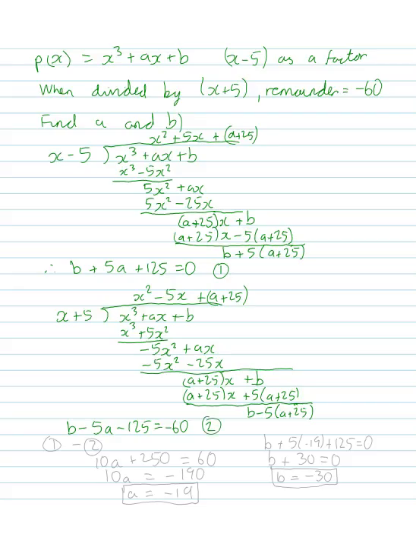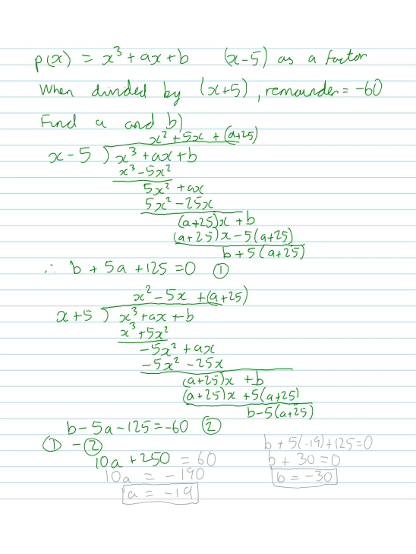So combining them all up, I'm just literally going to do number 1 minus number 2. Doing number 1 minus number 2 gives me b minus b, which cancels. 5a minus minus 5a, which is 10a. I get 125 minus minus 125, which is plus 250.